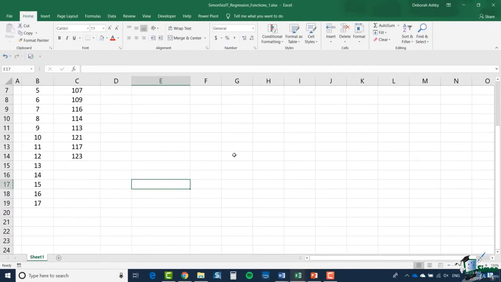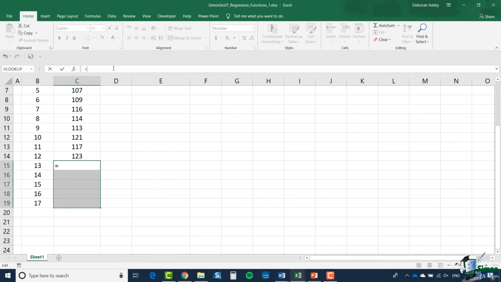The third option is the use of the trend function, which we use as an array function, and therefore we apply an array formula. So if I want to predict the values from C15 to C19, so that's y values corresponding to x equals 13 up to x equals 17, I select the range of y values that I wish to calculate and use the trend function.